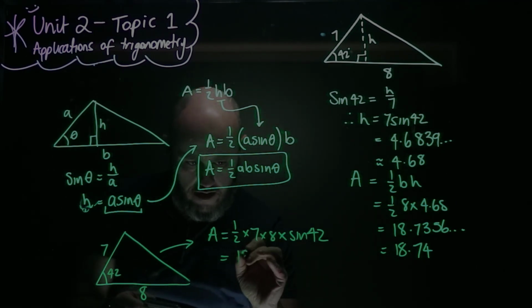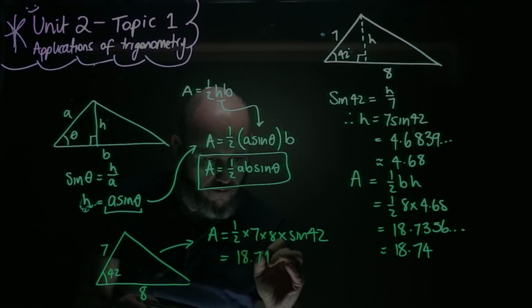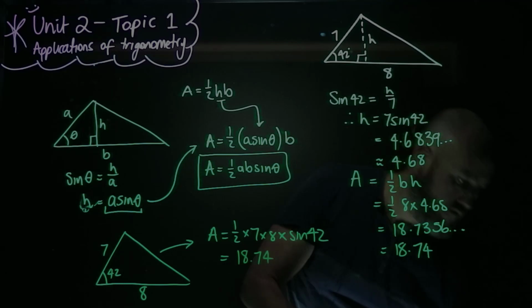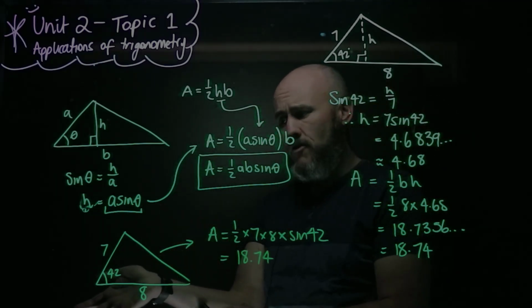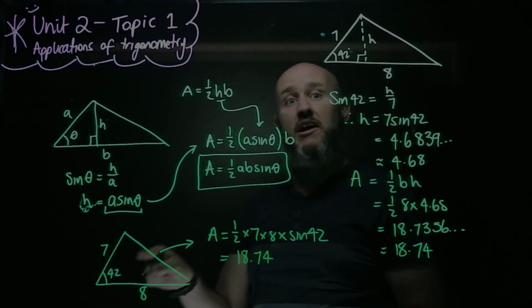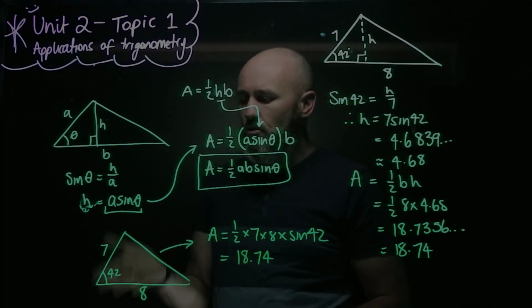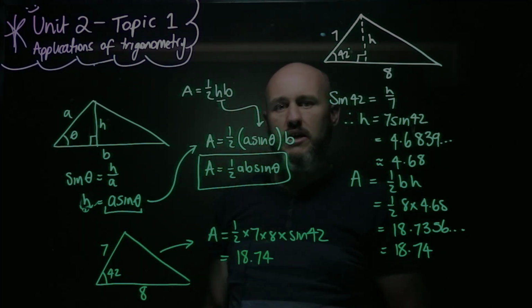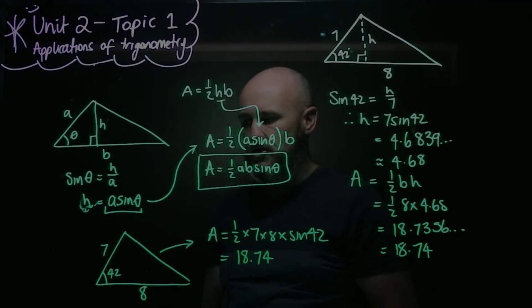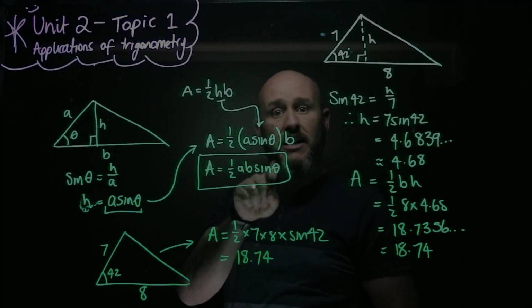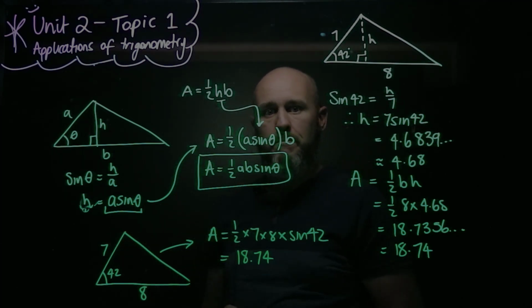And I get 18.74, exactly the same. So there's our formula for finding the area of a triangle given two sides and the included angle. The included angle means it's included between the two given sides. So theta has to be the angle between A and B.